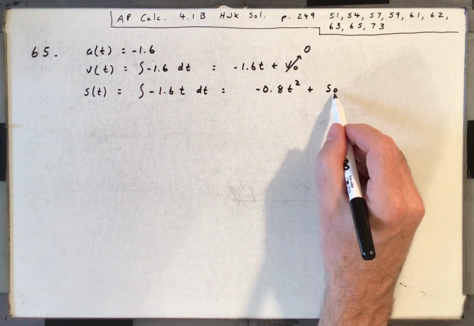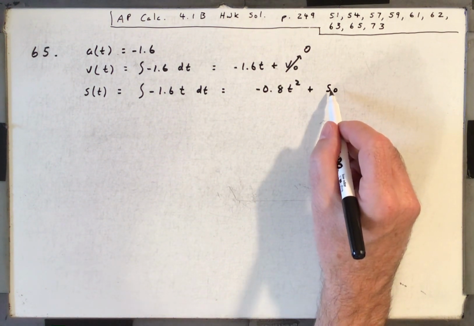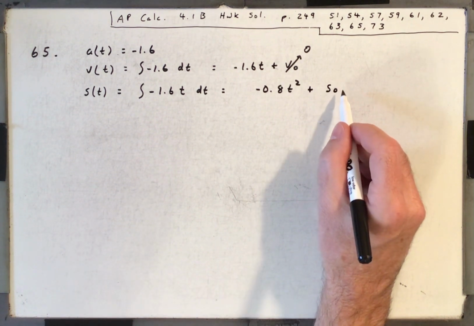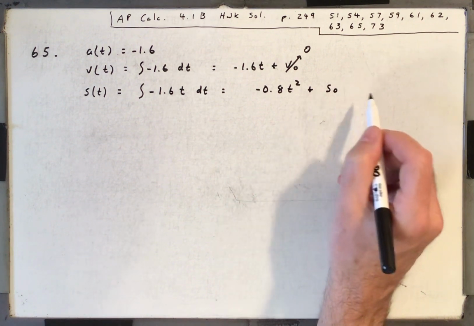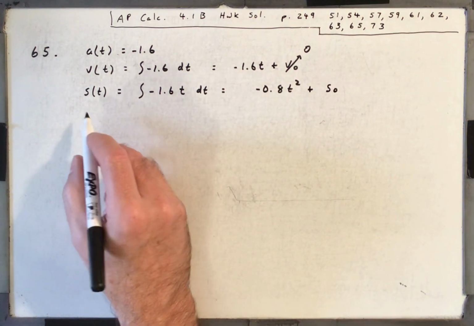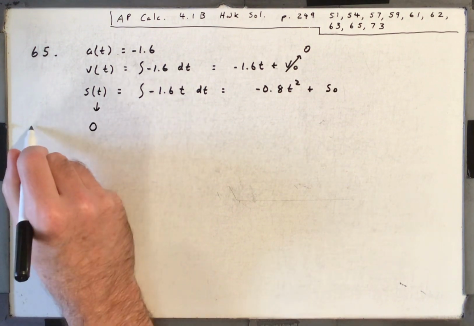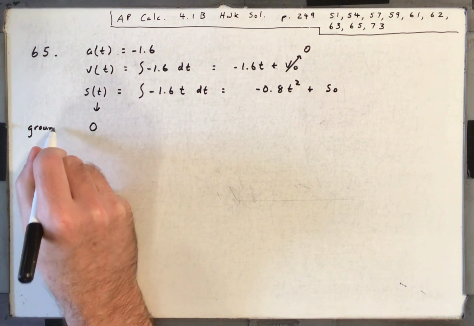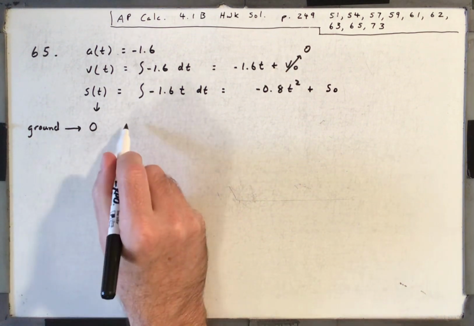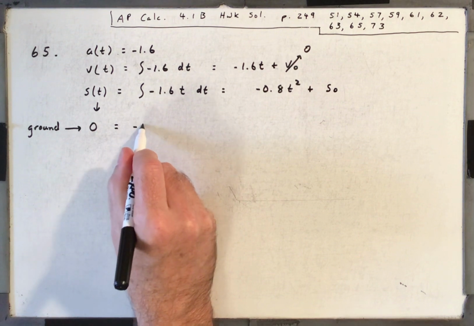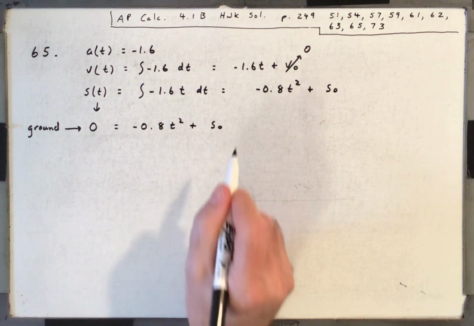Okay, how far did it fall? What's our initial position? Okay, so we know it fell for 20 seconds. And we know that ground level, S of t, would be 0. So that's at the ground, or the lunar surface. So we're setting 0 equal to minus 0.8 t squared plus our initial position.